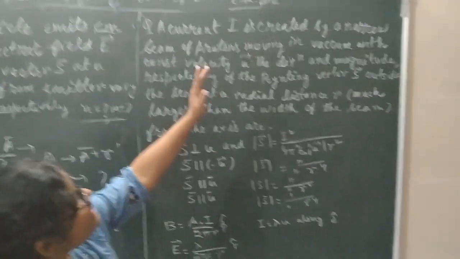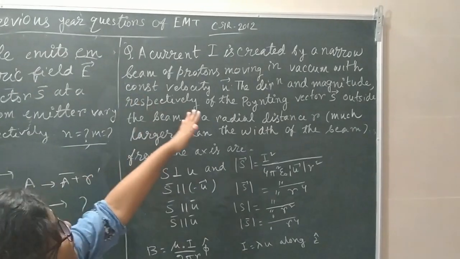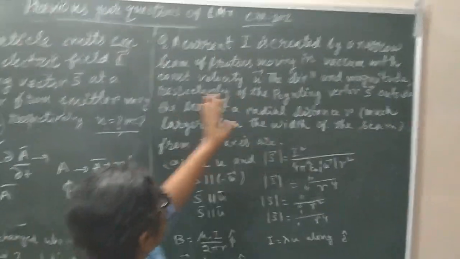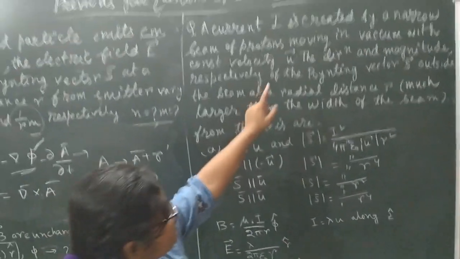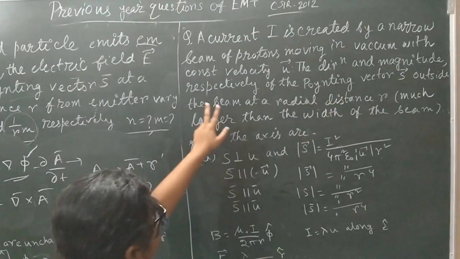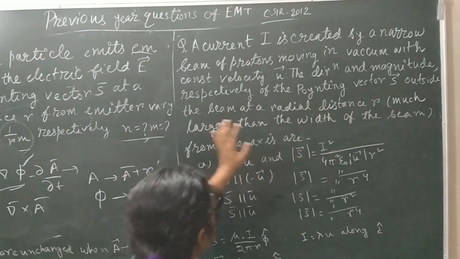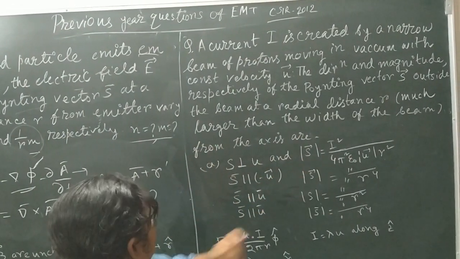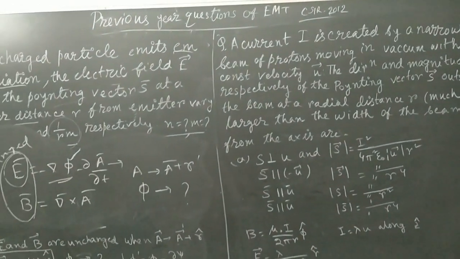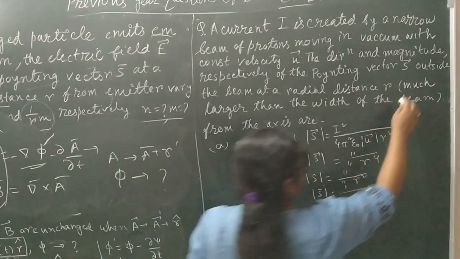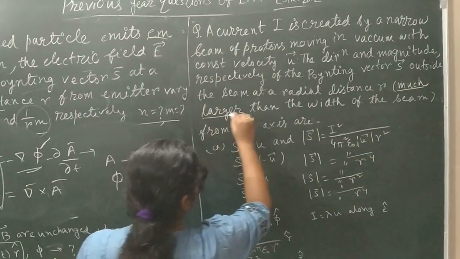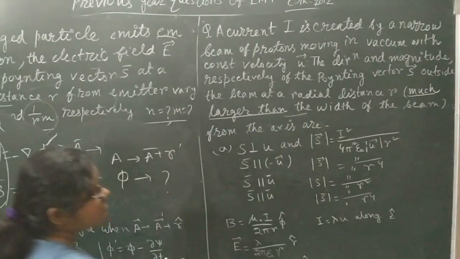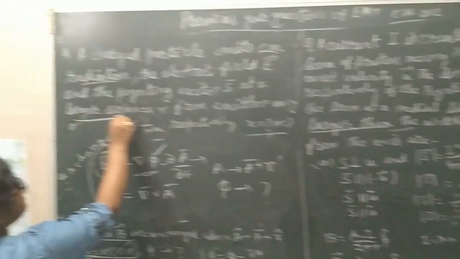A current I is created by a narrow beam of protons moving in vacuum with constant velocity u. The direction and magnitude respectively of the Poynting vector S outside the beam at a radial distance much larger than the width of the beam. Okay, a very important point is the way we are taking the approximation of larger distance. Here also this is a larger distance.